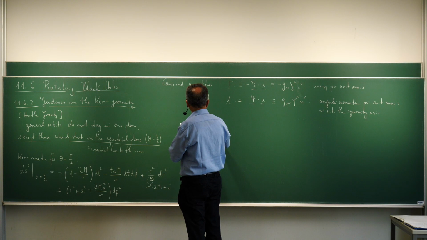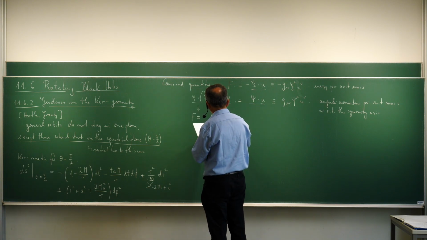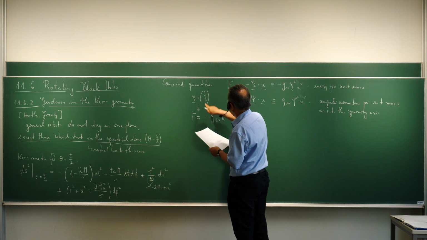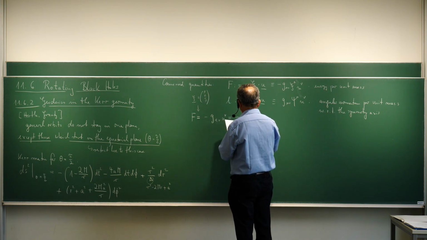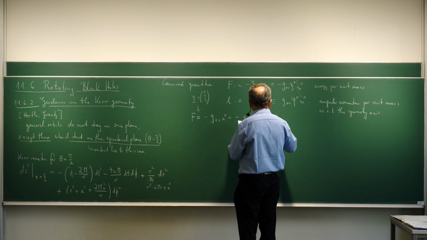So F is minus g_t nu u^nu, and that's only the t component: minus g_tt u^t minus g_t phi u^phi.